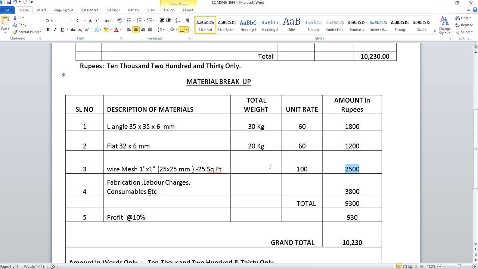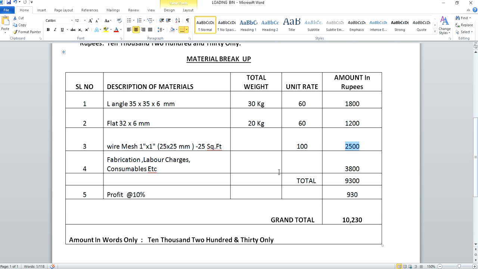Now once all these materials are procured, then you'll have to use your machineries, accessories, and tools like welding rods, welding machine, grinding machines, and so many other machines and accessories. And for that also you have to keep an overhead, and you'll have to provide manpower for fabricating this steel bin, like a welder, a helper, a labor.